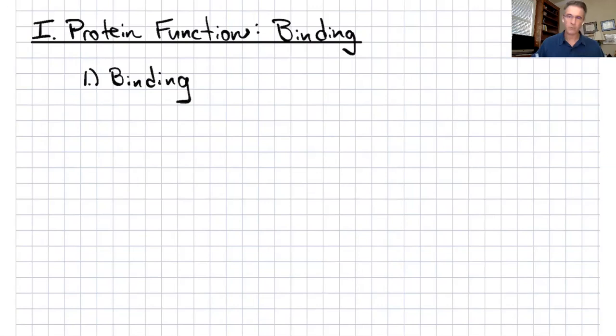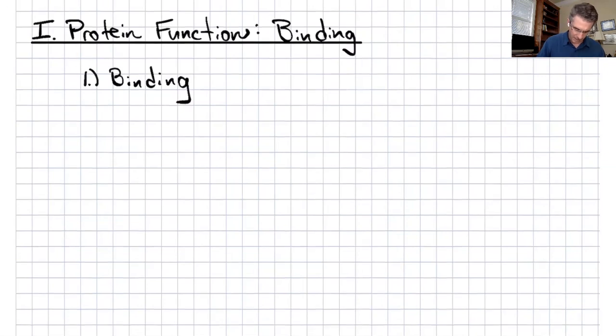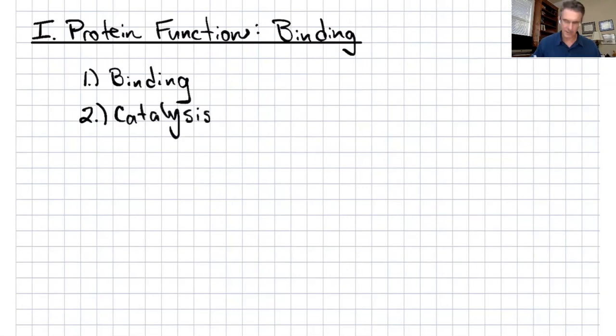And that's what we're going to start thinking about today. But then I also pointed out that binding, once we understand how proteins bind things, leads us into an ability to think about catalysis, how proteins carry out the acceleration of chemical reactions. And what we'll see when we get to it is that catalysis in many ways is a really elaborated and very specific type of binding that proteins carry out on specific molecules.